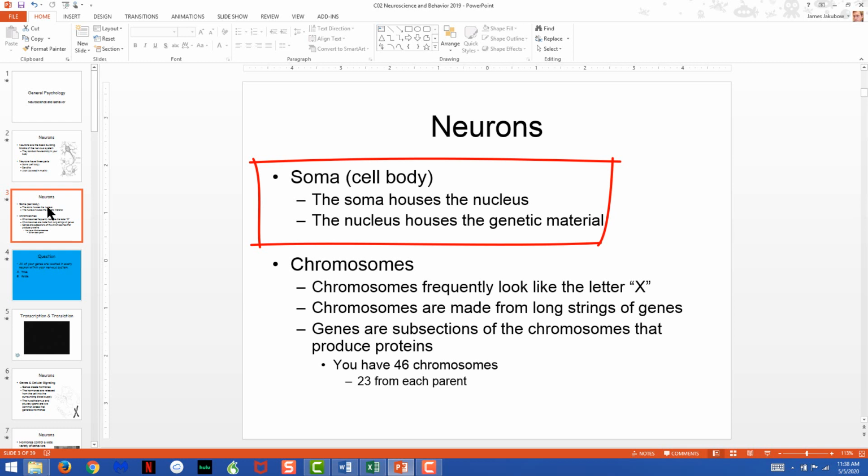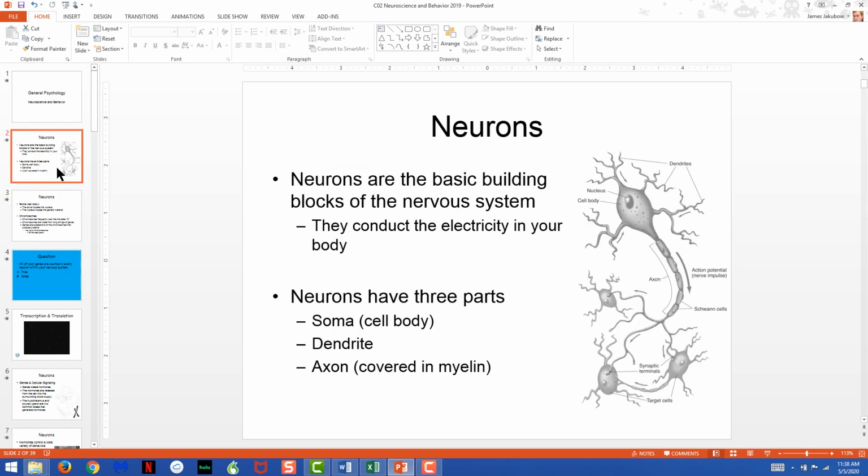It's very easily identifiable when you look at a neuron underneath of a microscope, because the structure of a cell is essentially like a snake. If we flip back one slide, the soma is easily identified in this drawing. It's the swollen section. At one end of the cell, there are a bunch of dendritic branches, and at the opposite end of the cell, there are a bunch of axonic branches.